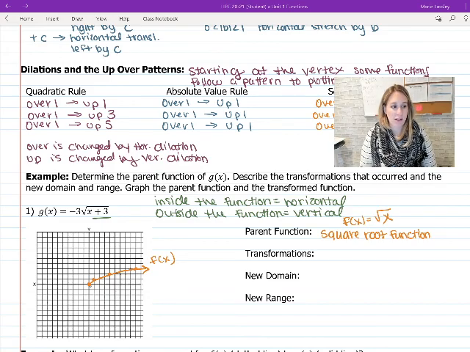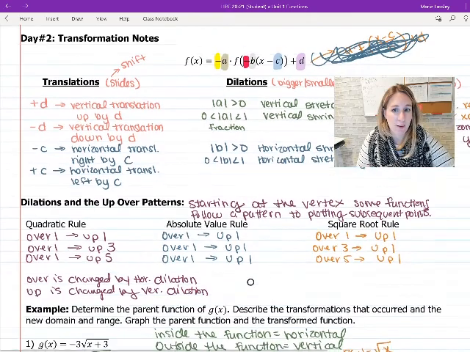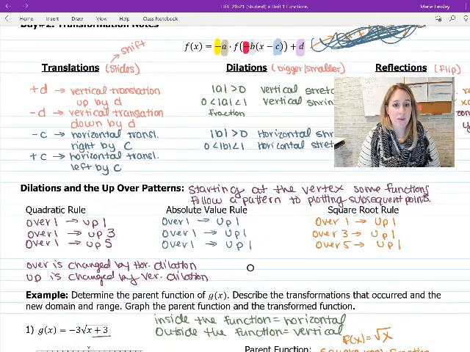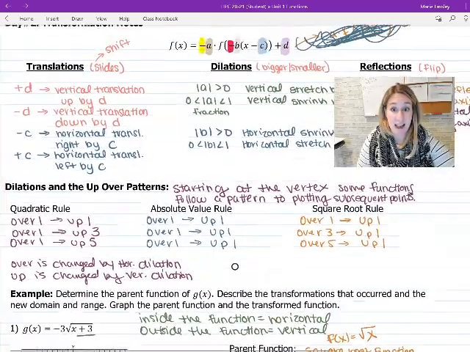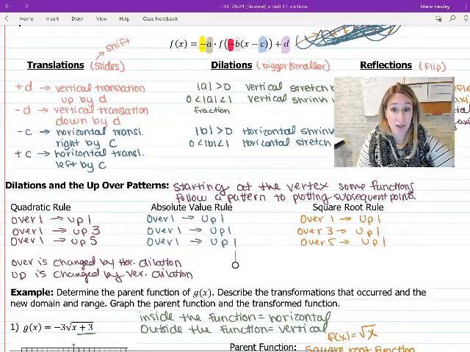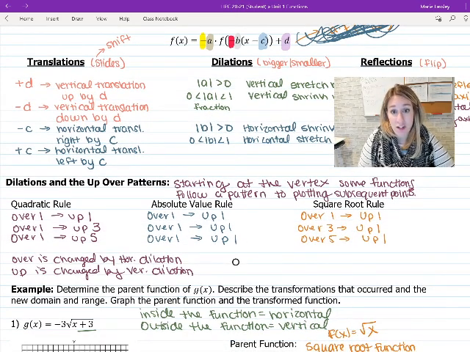If you go back up to the top, look at the things that we called vertical transformations. D is vertical, A is vertical, and the negative A is vertical. Those all happen outside of the function. Whereas everything that's a horizontal transformation happens inside.